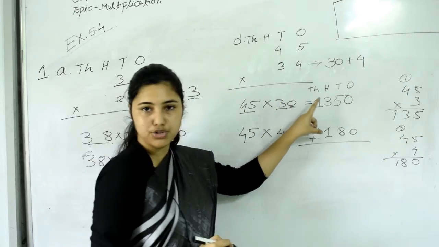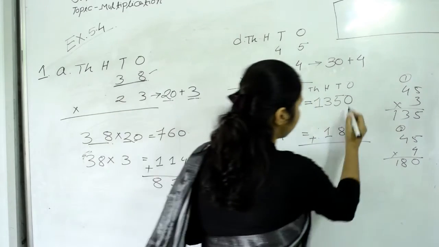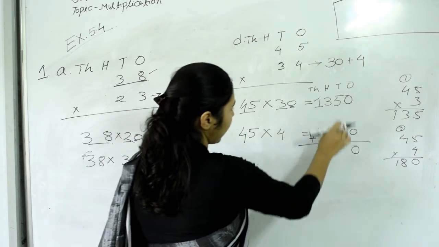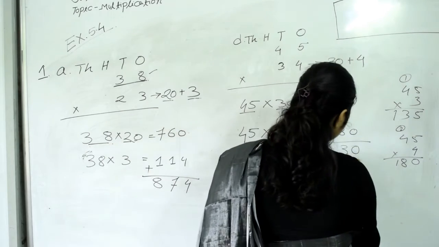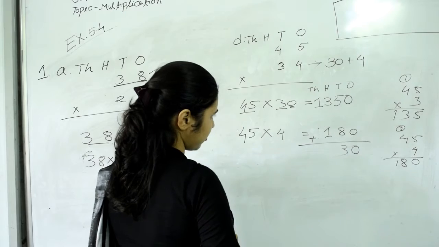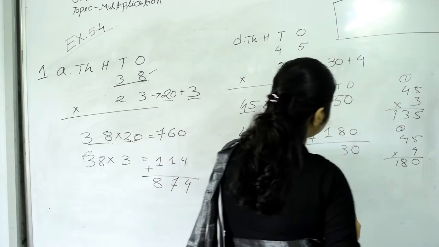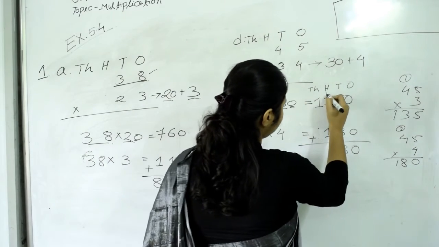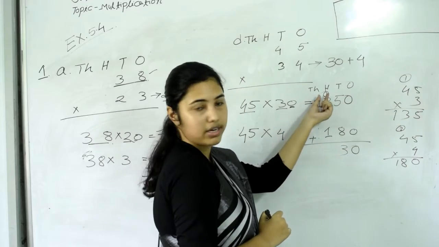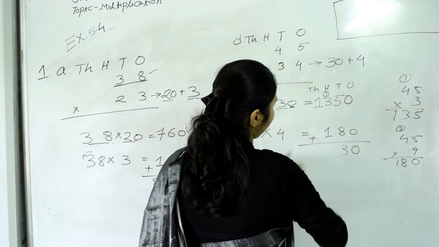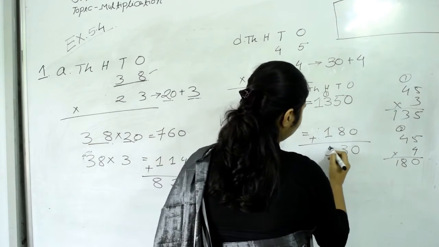Now add these two products. 0 plus 0, 0. 8 plus 5, 13. 1, carry 1 in 100's place. Next 3 plus 1, 4. 4 plus 1, 5.